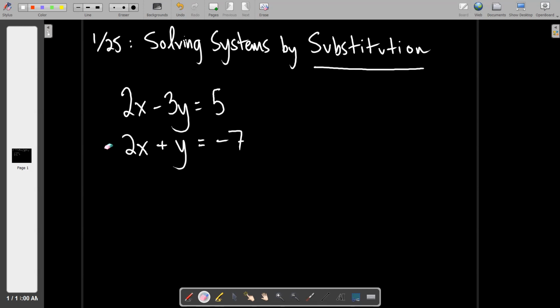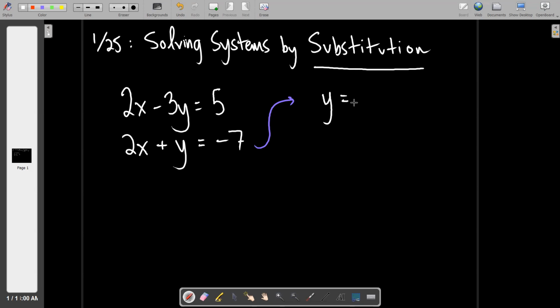So our mission in step 1 is to pick the right variable and get it by itself. So what I'm going to do is draw a little arrow off of this equation, and I'm going to solve it for y, for reasons you'll soon understand. Now, if I were to get that y by itself, we're almost to February. You got this. If I said get that y by itself, you go, oh, okay, I think I can do this. I would leave the y where it's at, and I would move the 2x.